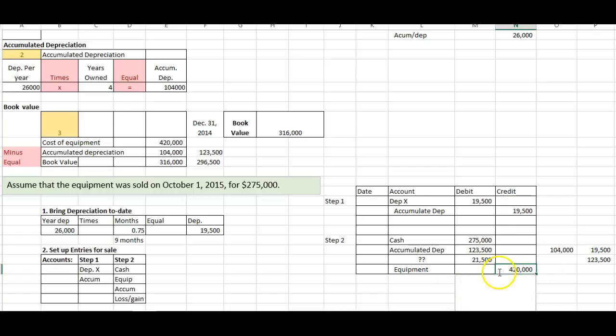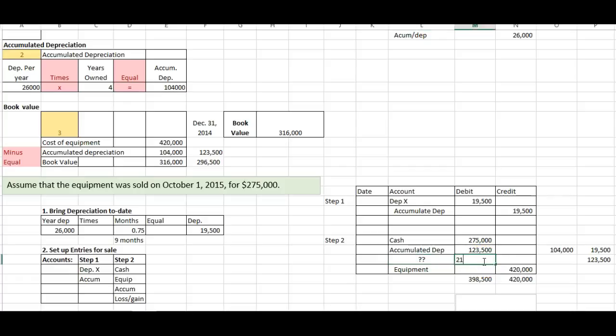Now, you always know that journal entries must be balanced, and you'll see these aren't balanced here. If I take that out, this is what you would come up with: $398,500 and $420,000. So in here, we're going to have a balancing entry.